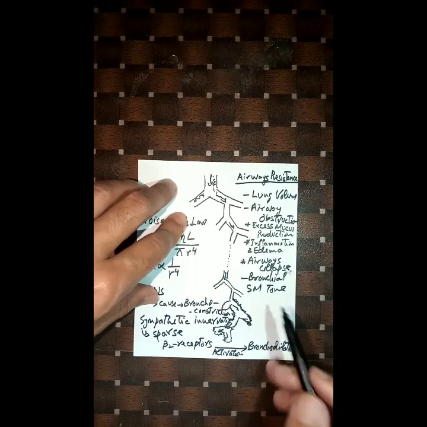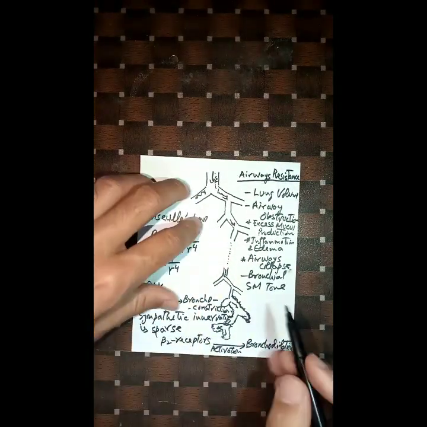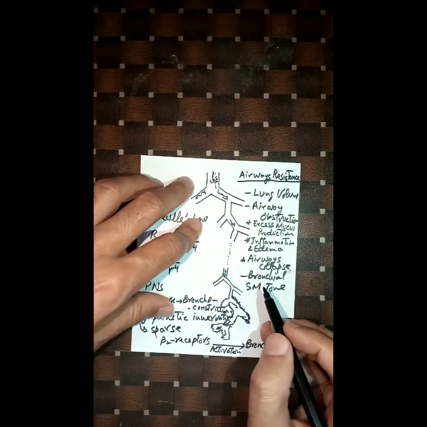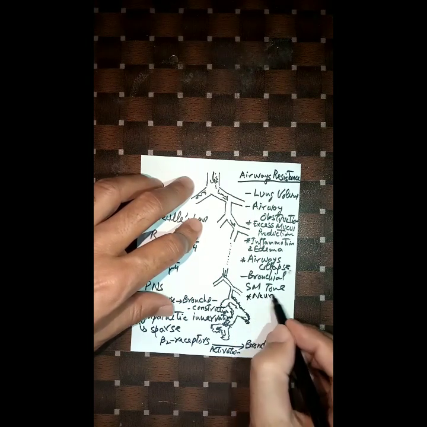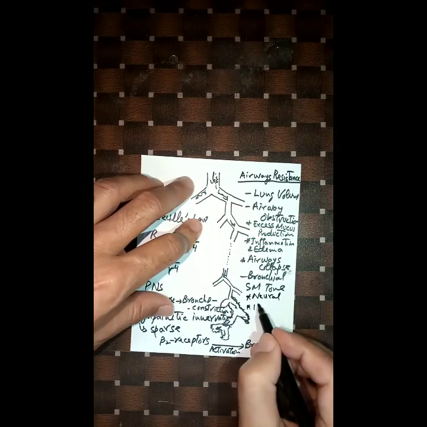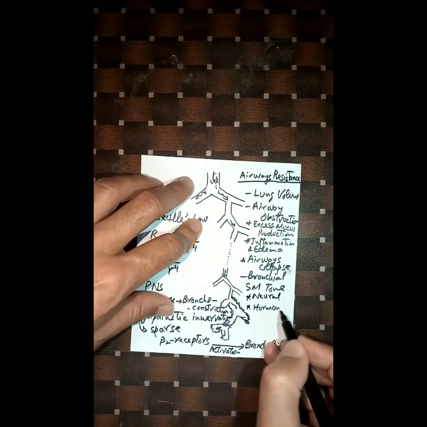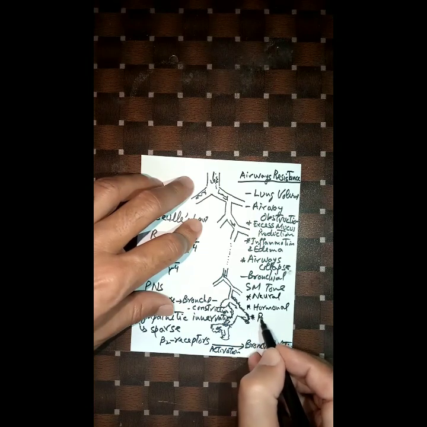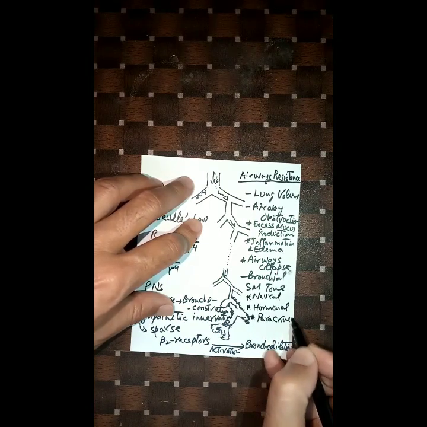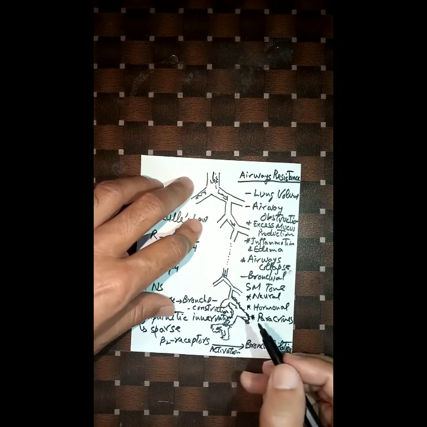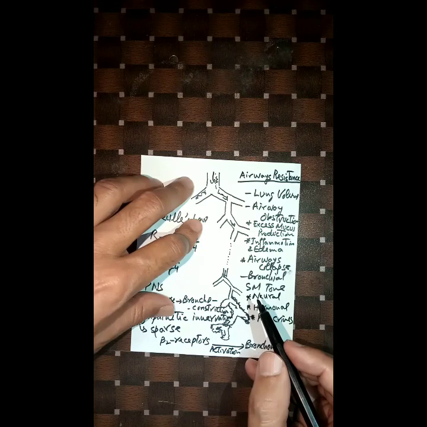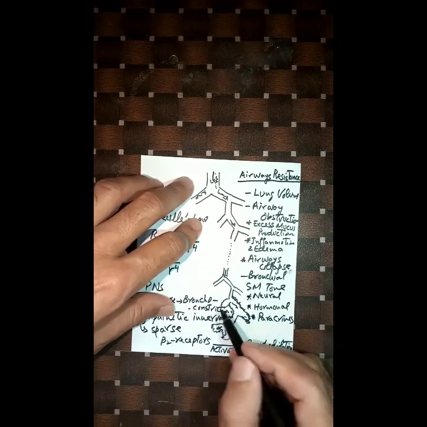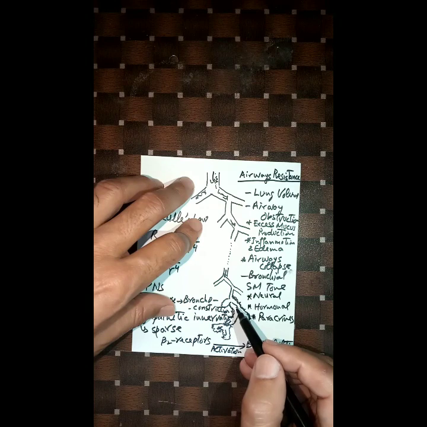Bronchial smooth muscle tone is regulated by neural and hormonal mechanisms as well as paracrines. Diseases in which airflow is diminished are called obstructive lung diseases. They include asthma, obstructive sleep apnea, emphysema, and chronic bronchitis.